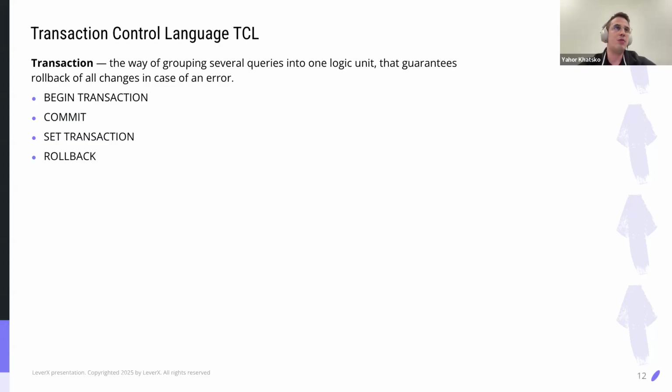Moving to the commands, the command is BEGIN TRANSACTION to actually start the transaction, COMMIT to end the transaction. Also, you can set that transaction to a specific ID, and basically ROLLBACK the transaction. So how does it look?